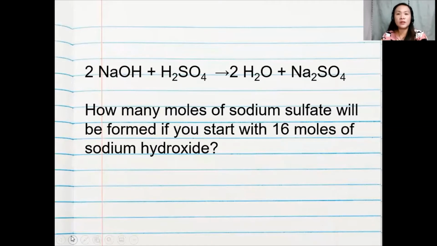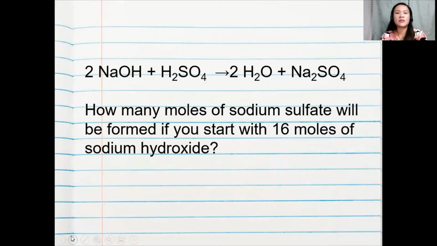Okay, so here is another problem. We have 2NaOH, which is sodium hydroxide, added with H2SO4, or sulfuric acid. This will now form 2 molecules of water plus sodium sulfate.